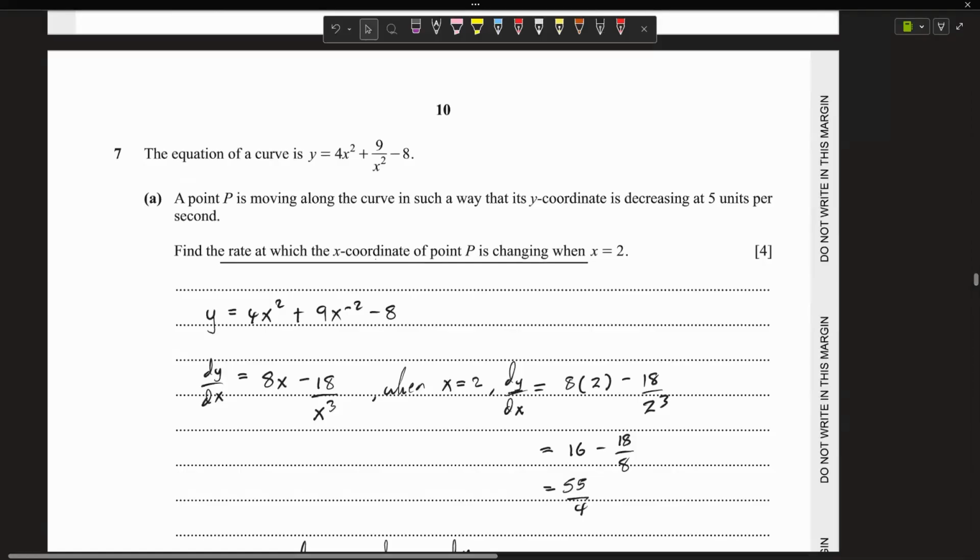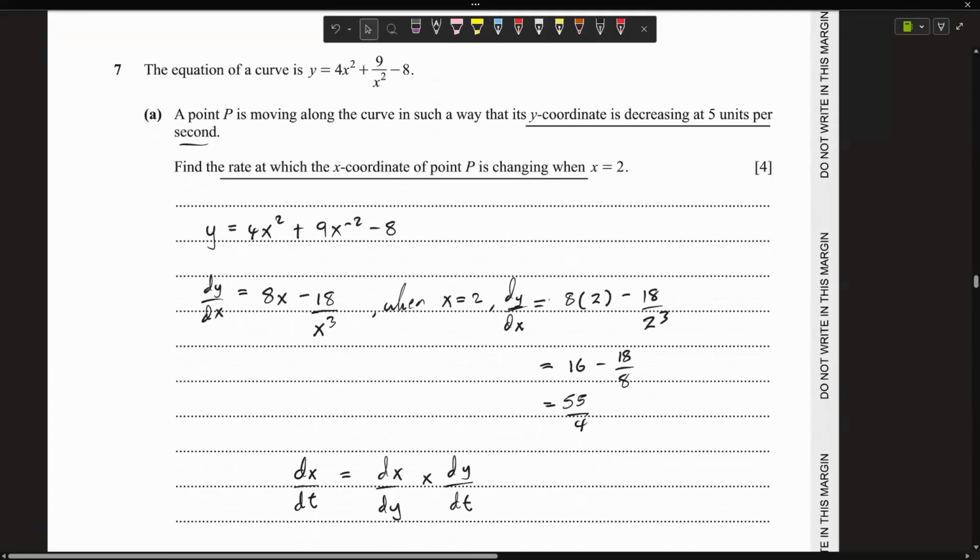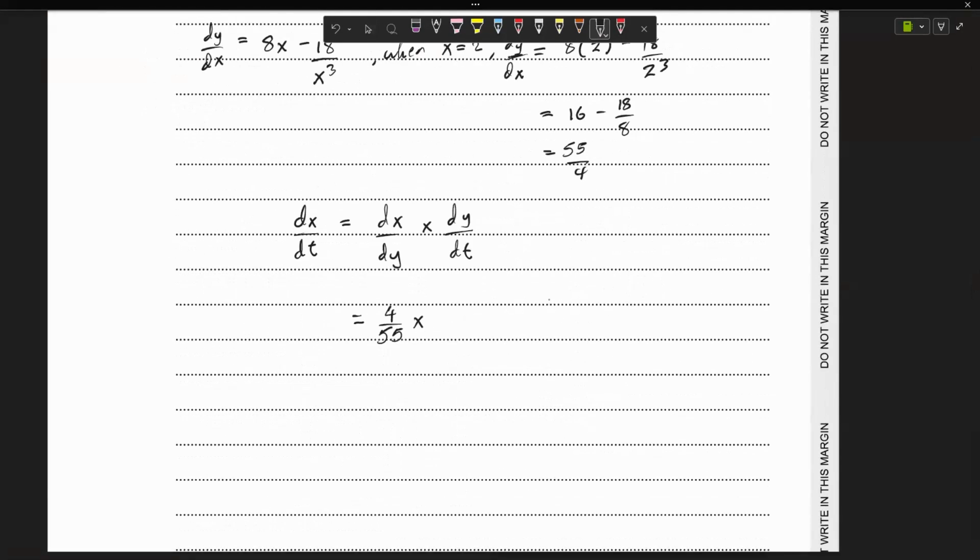We've been told here that the y coordinate is decreasing at 5 units per second. So if it is a decrease, it's going to be minus 5 for dy by dt. So we're going to say times minus 5. All right, so we know that 5 goes into here, minus 1 times, and 5 goes into here, 11 times.